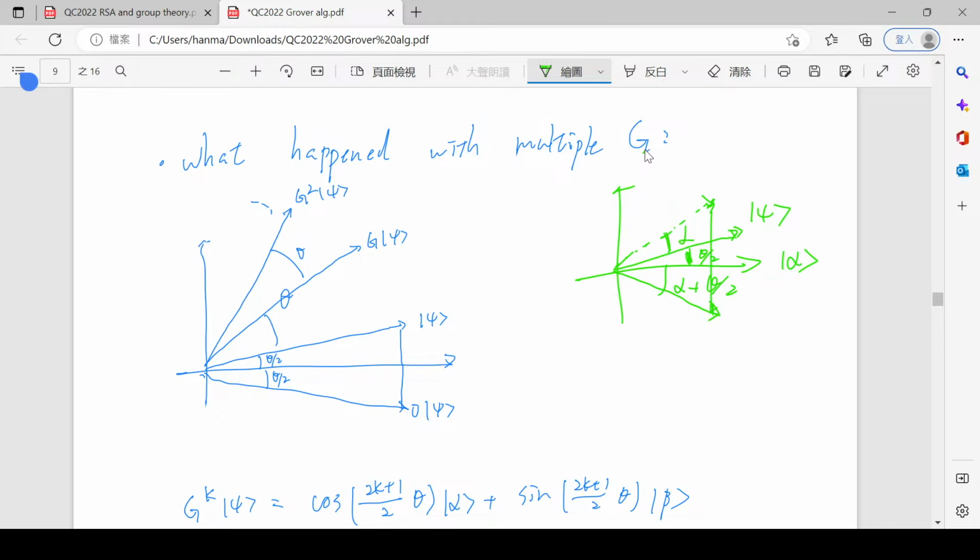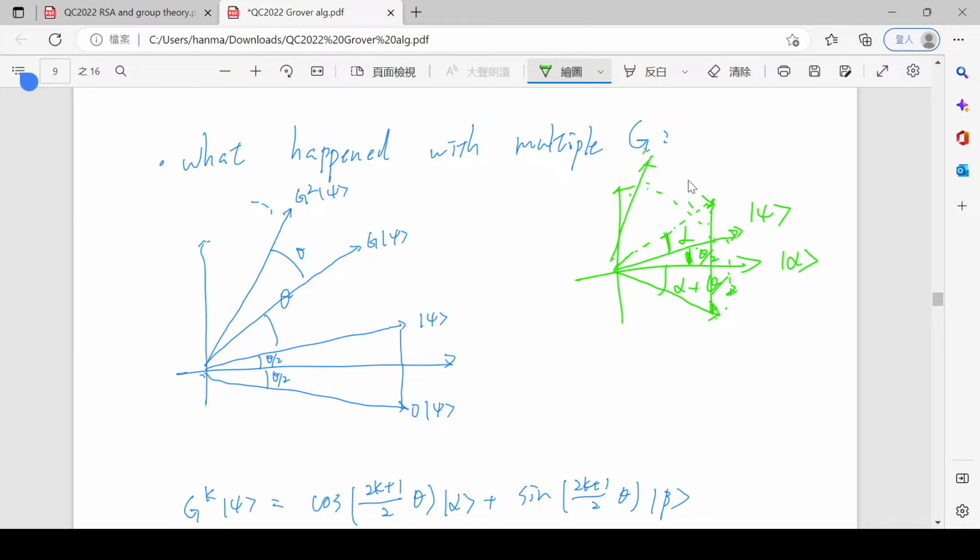So what is the angle here? This angle should equal to this angle, right? And this one is alpha plus theta over 2 plus theta over 2.